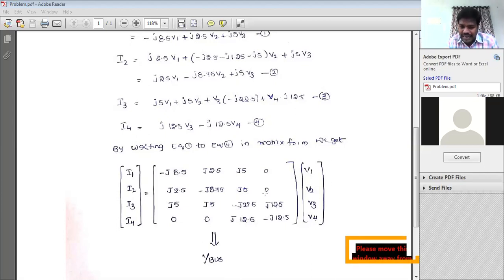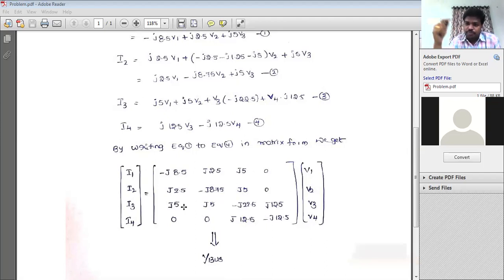Now, if you clearly observe this, Y14 is equal to Y41. Is it not? Y24 is equal to Y42. Similarly, what is Y13? j5. What is Y31? j5. That is the mutual admittance which belongs to bus number 1, and similarly bus number 2.